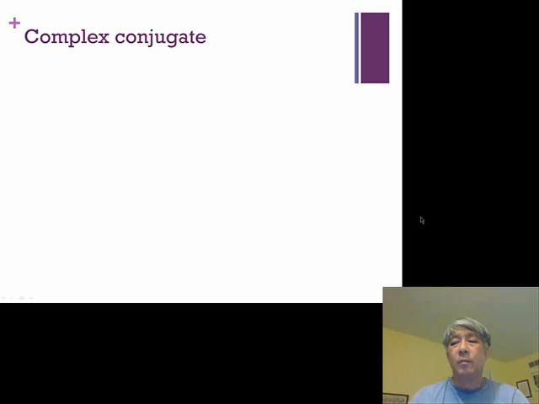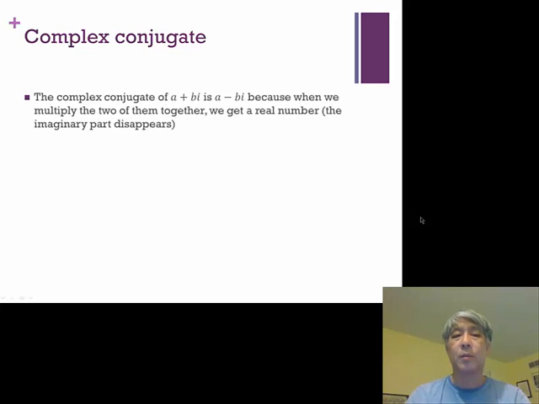Before I do division of complex numbers, I need to introduce the concept of the complex conjugate. We ran into something earlier when we did square roots in the denominator. The complex conjugate of a plus bi is going to be a minus bi, because when we multiply these two together, we end up with a real number.